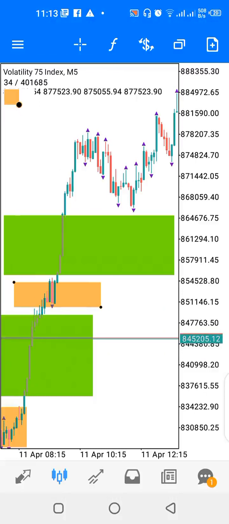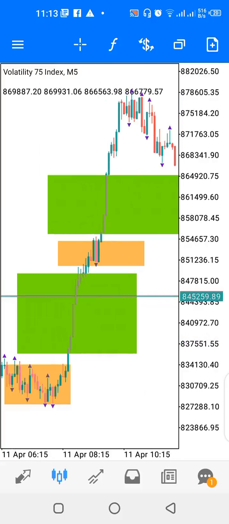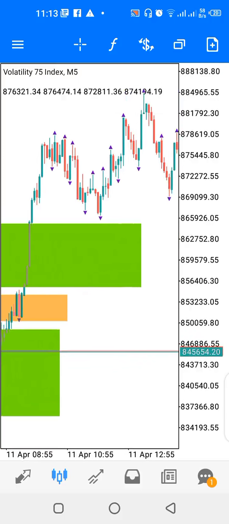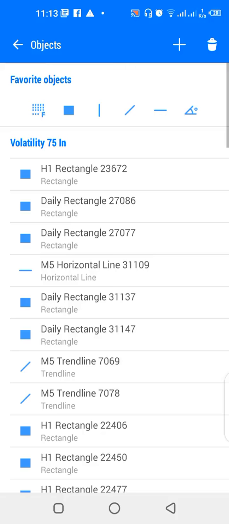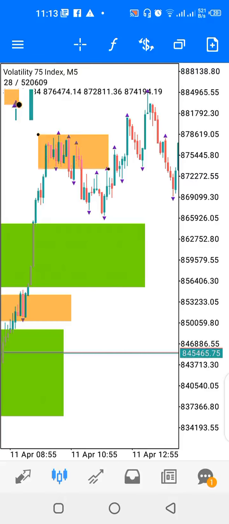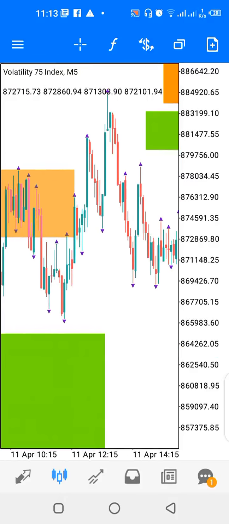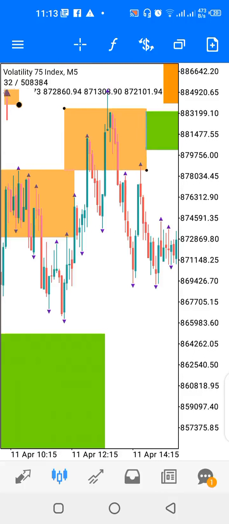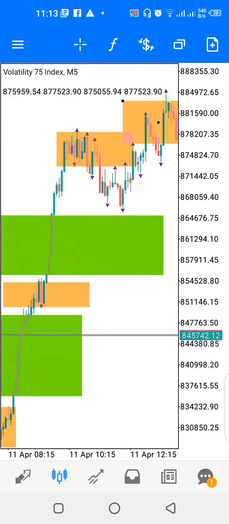So that's basically all about how to identify the right place for you to use the strategy. Look, this is a range zone. This is a range zone. You can see range. It's a range zone. So that's just it.